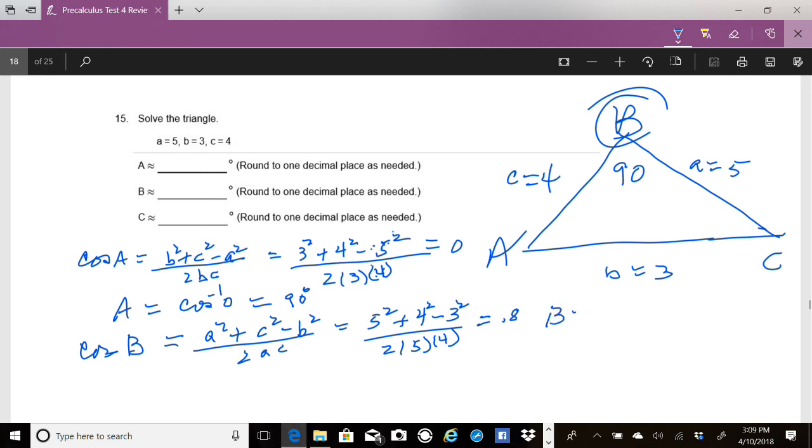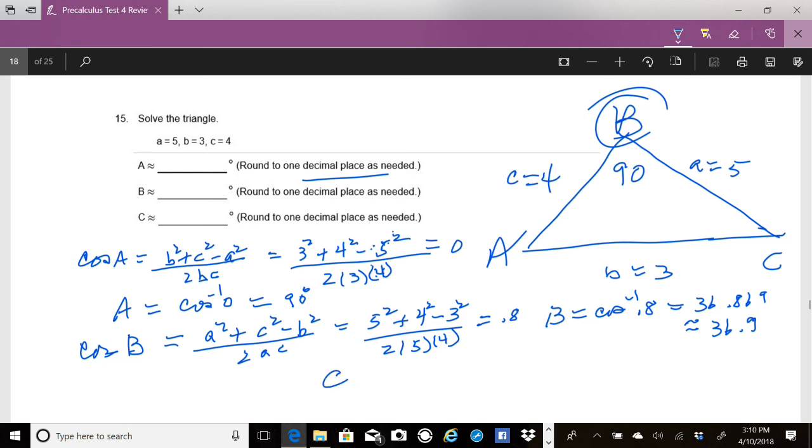So B is equal to the inverse cosine of 0.8, which is 36.869, which we'll round off to 36.9. They're asking here for 1 decimal place.